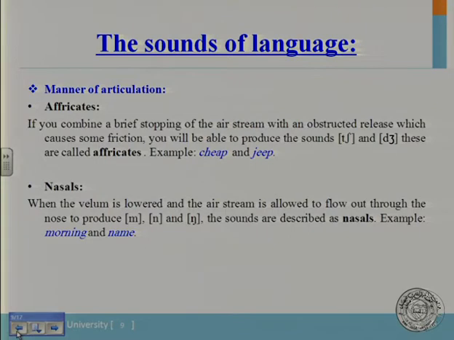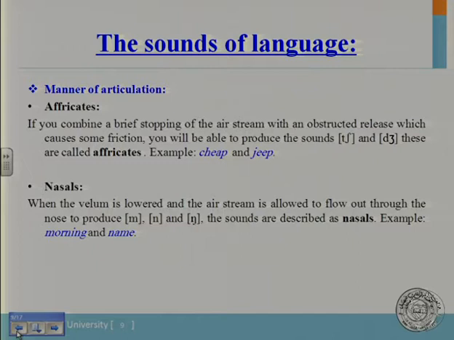Next is nasals. And I said that here we have three main sounds. Now, when the velum is lowered, the air stream is allowed to flow out through the nose to produce these three sounds.